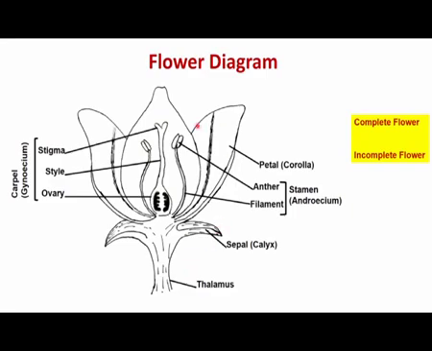You can imagine that the flower is always present in the form of a bud, and at that time the calyx is the outermost covering of the flower, and it protects the plant from losing water. The other function of the calyx, especially when it is colored rather than green, is that it attracts insects as well.